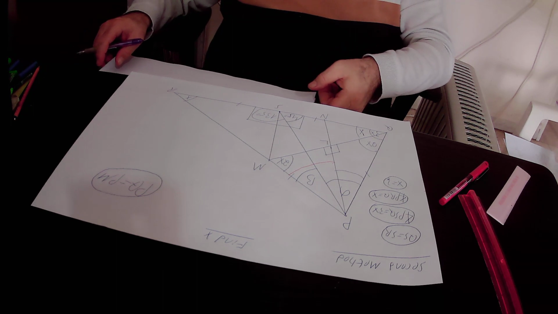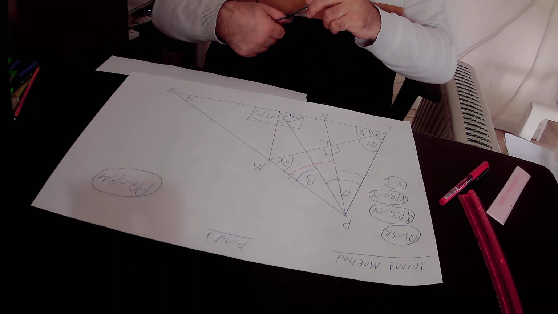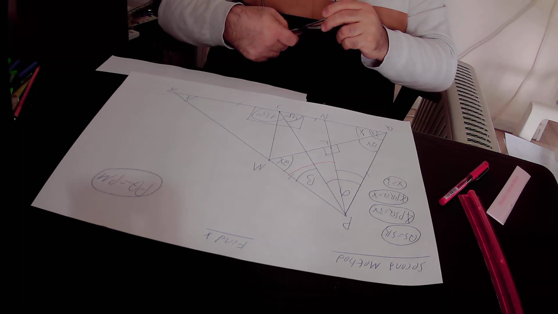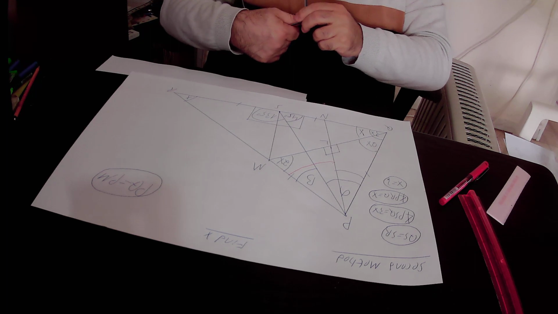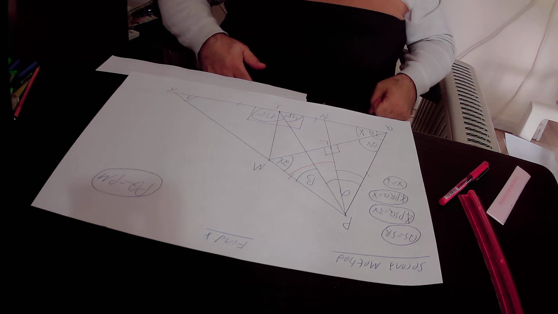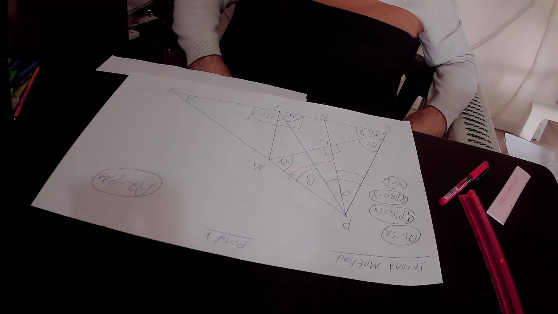So, what is the third angle theorem? The third angle theorem states that if two angles in one triangle are congruent to two angles in another triangle, then the third pair of angles must also be congruent. Why? Because the angles of a triangle sum to 180 degrees.